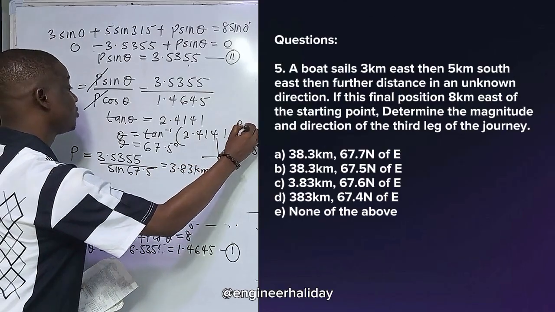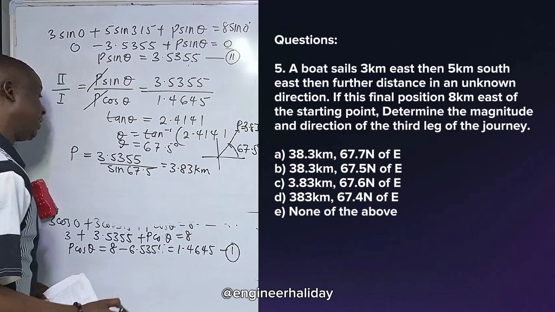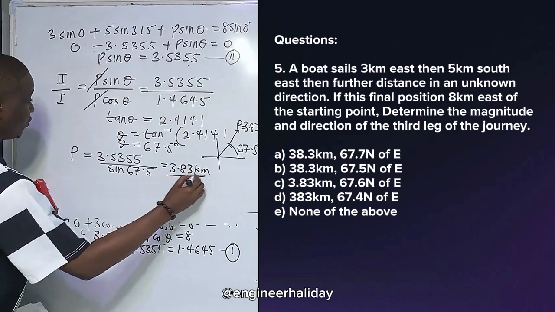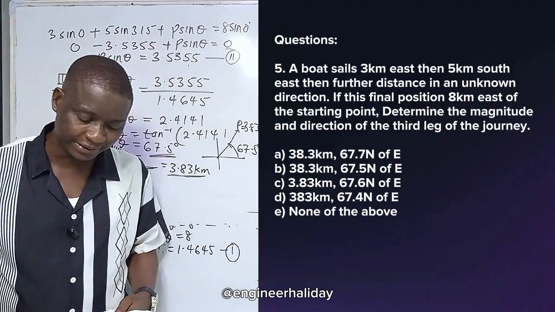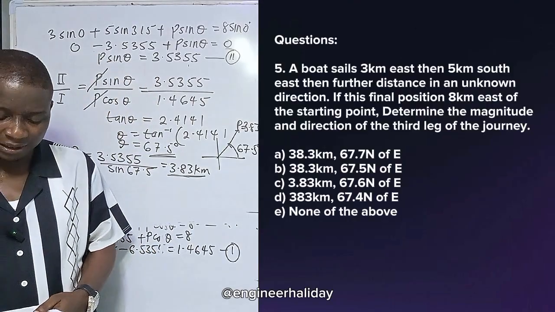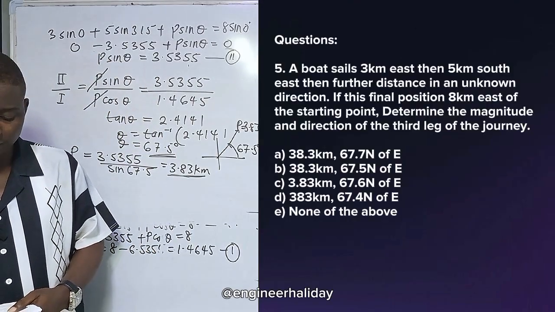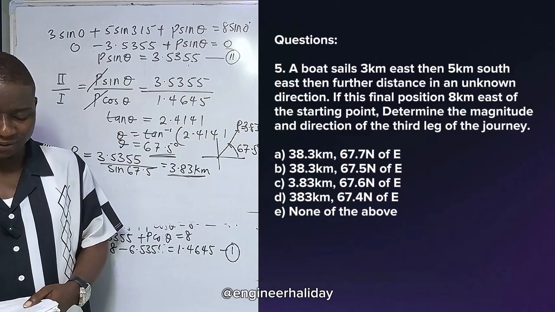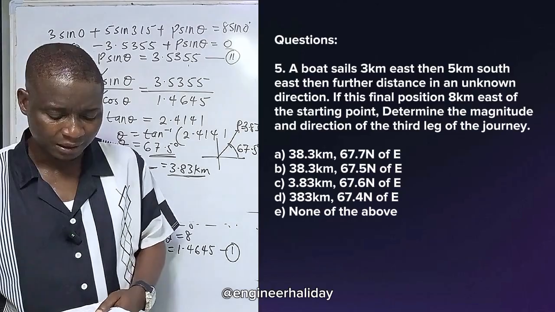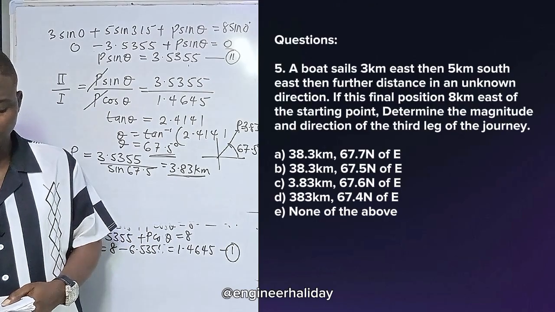So our P is gotten and our direction is gotten. Option A is 38.3 kilometer, 67.7 degree north of east. B says 38.3 kilometer, 67.5 degree north of east.